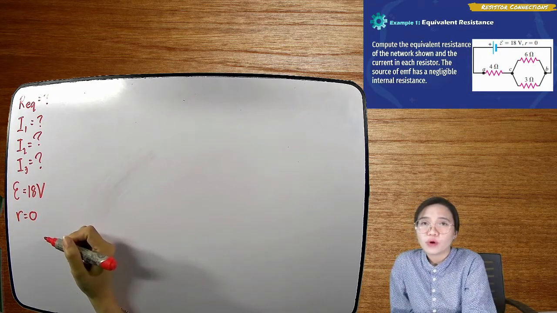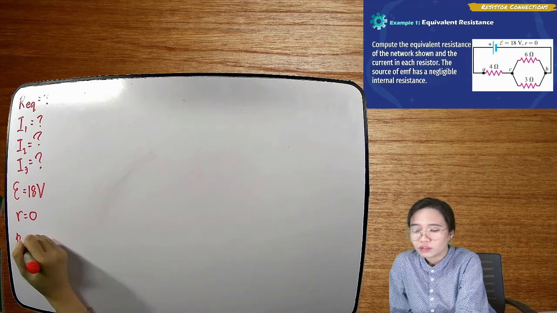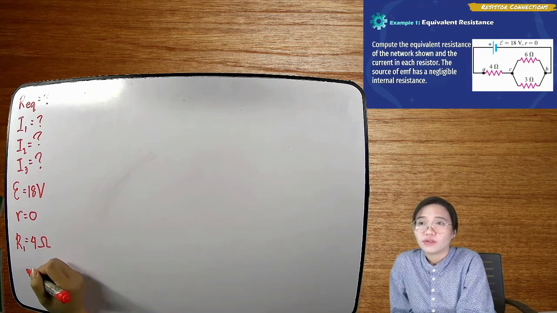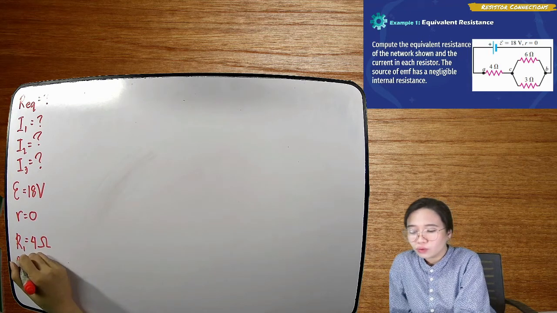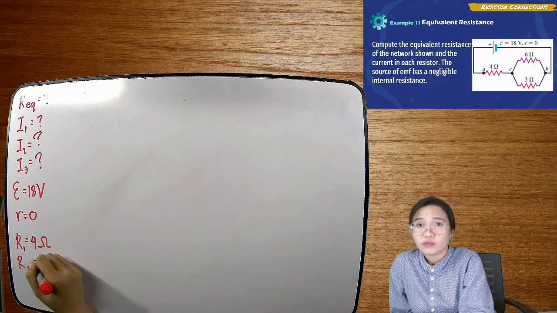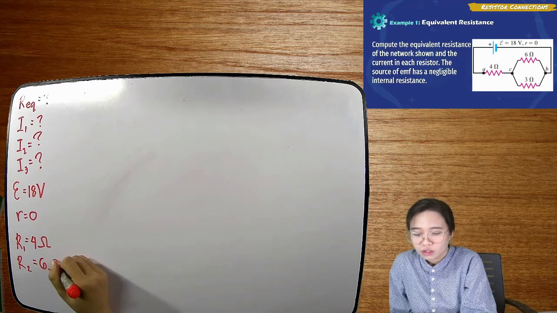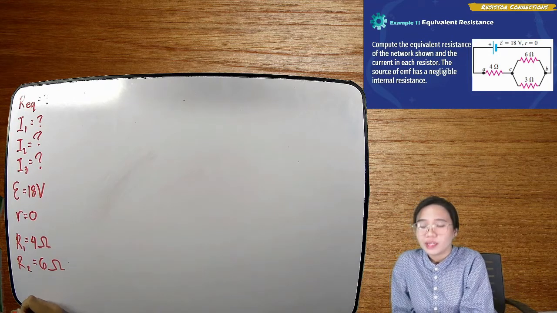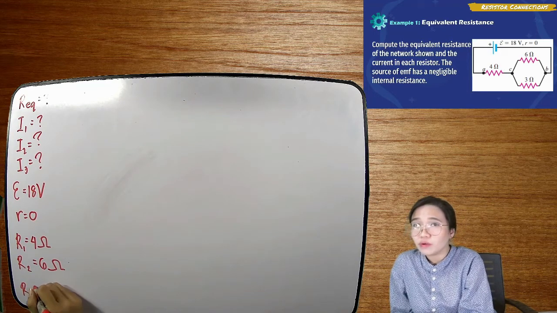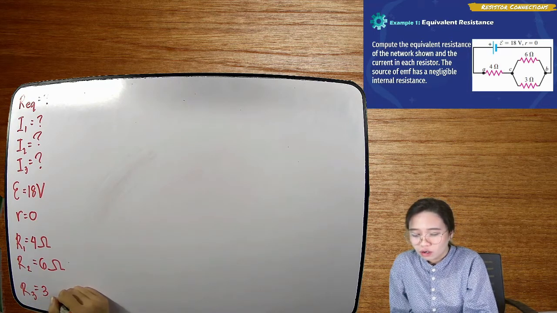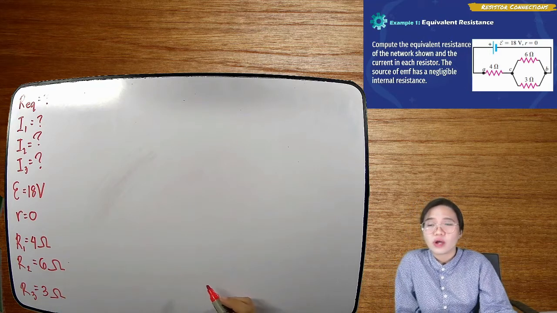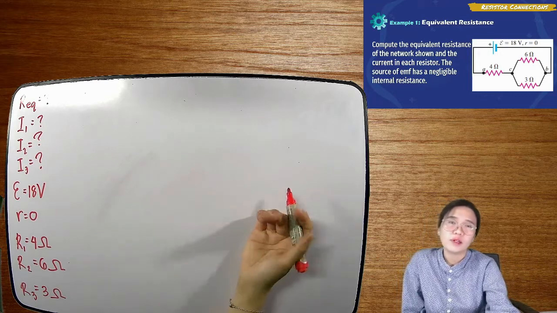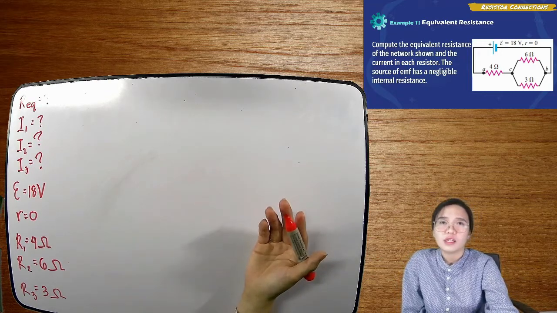So we will name your 4 ohms as your R1, your external resistance. Okay. And then your R2 will be our 6 ohms. And then our R3 will be equal to 3 ohms. Okay. So we will just name them so that in our solution, we will not get confused about which one should be input.